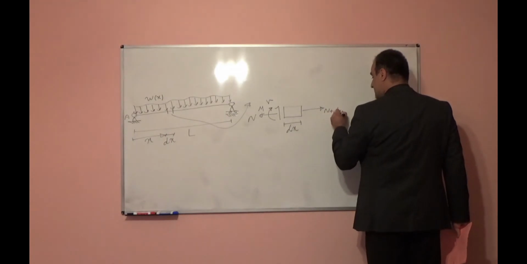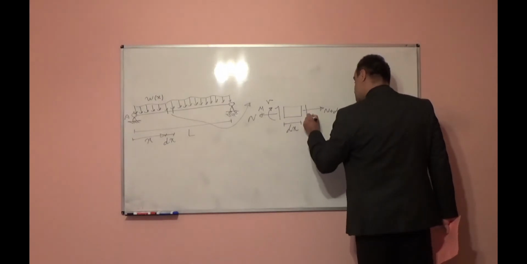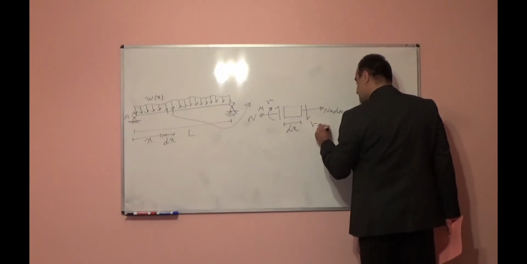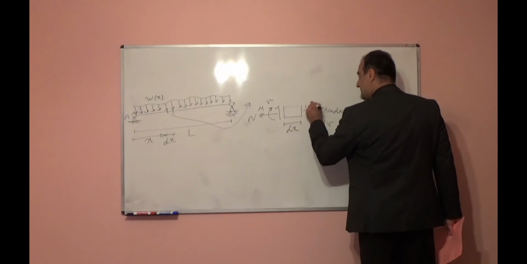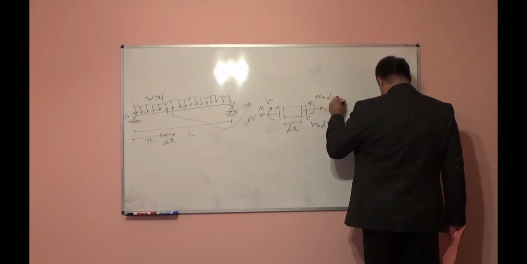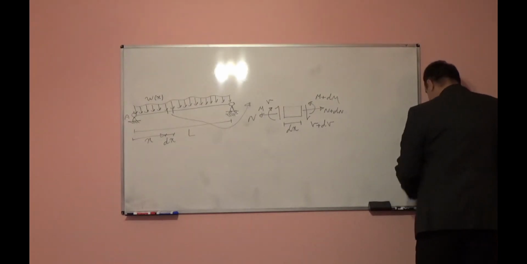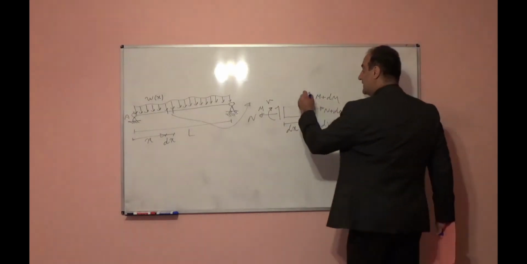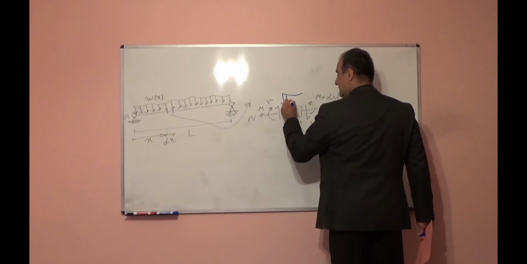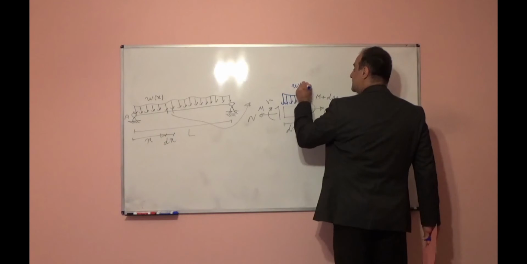For example, axial force will be n plus dn, shear force v plus dv, and bending moment will be m plus dm. We have an external load, which is a function of x, and it is w(x).